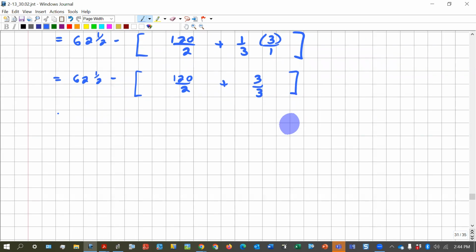Not only is 3/3 equal to 1, but 120 divided by 2 is 60. So we've got 62.5 minus 61.